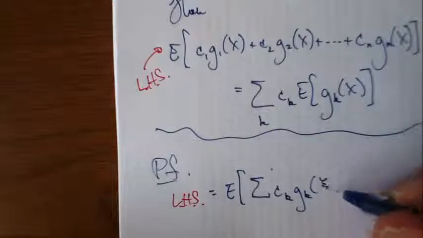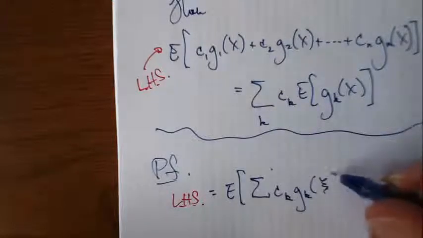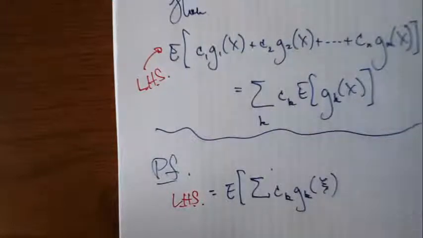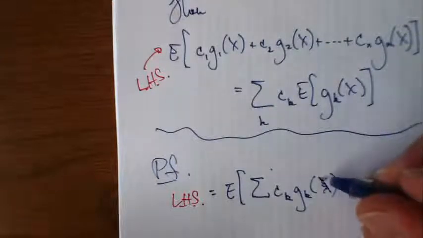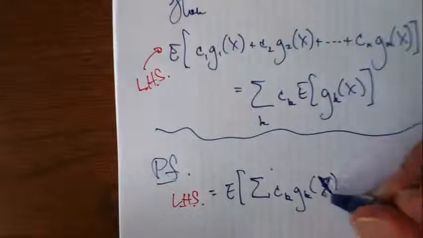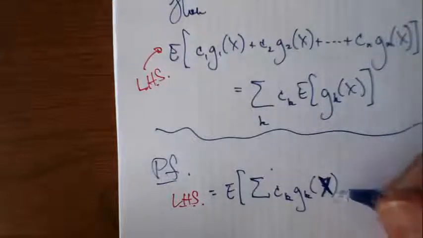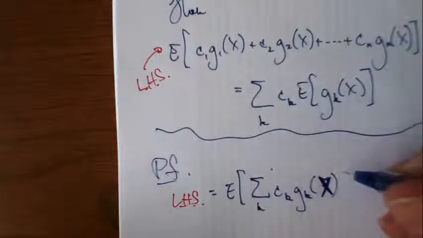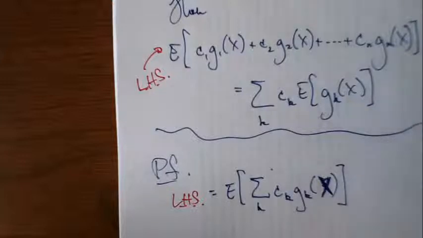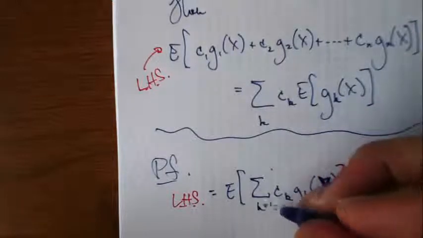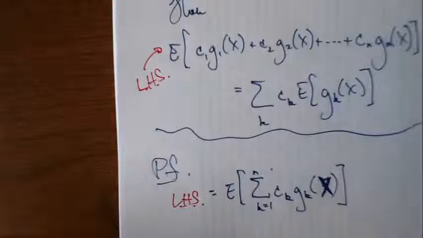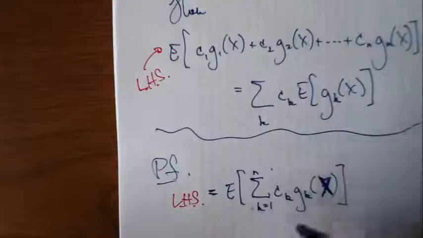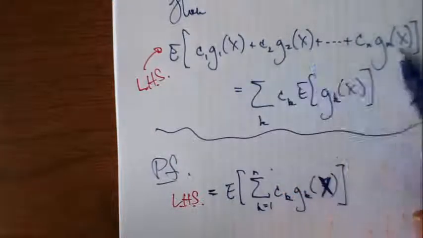Maybe we'll use the Greek letter xi. It's not used nearly enough. Over k, where k goes from 1 to n. Do you agree? This is the same as all of this, just using summation notation.